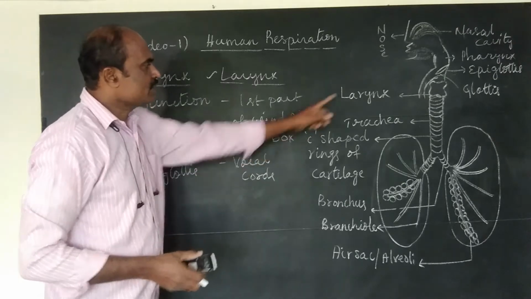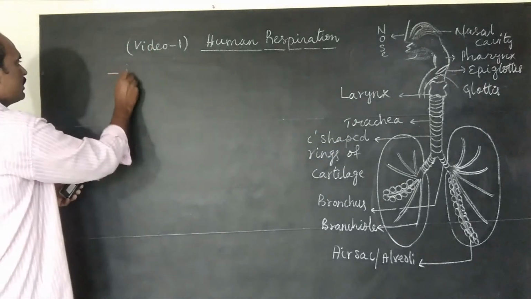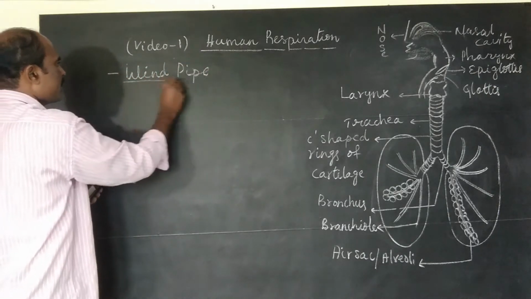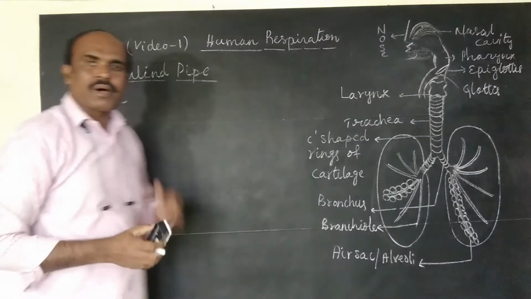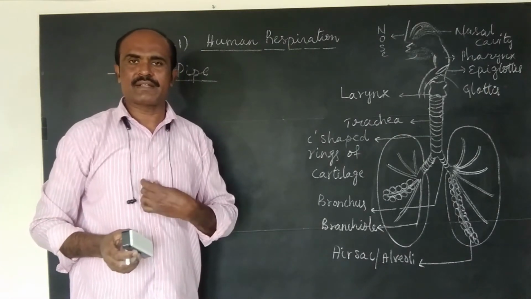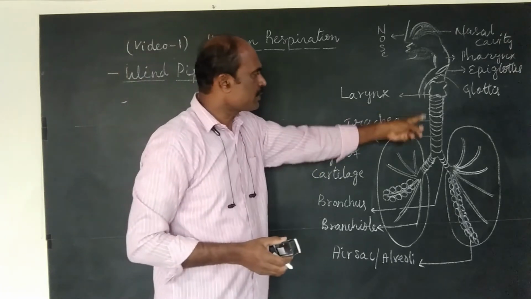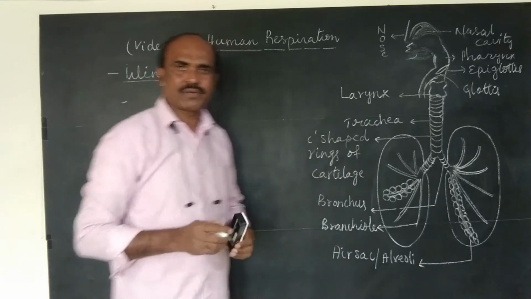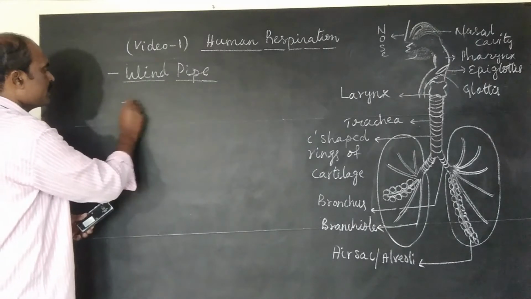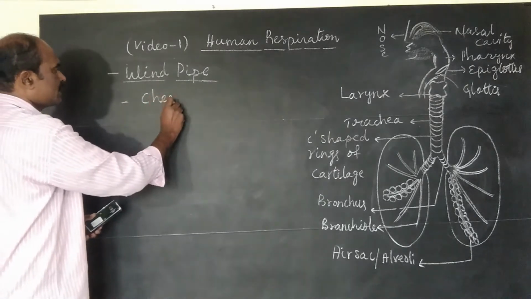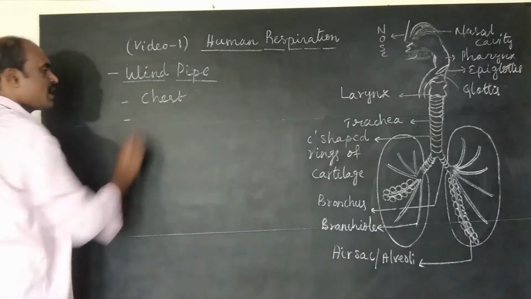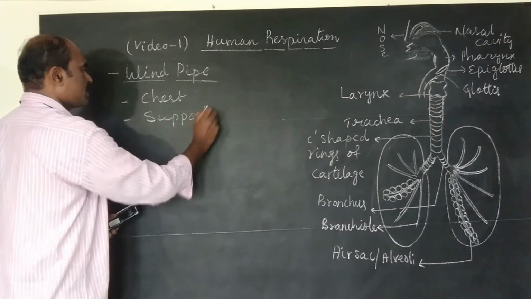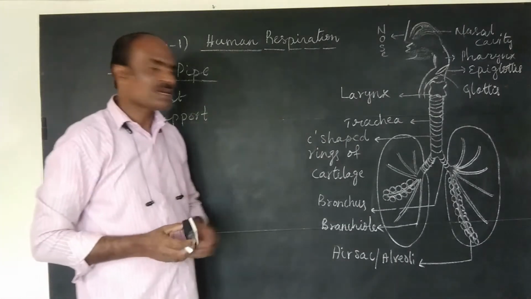Now then, let us talk about the windpipe. See, this windpipe passes through the chest cavity, and it is supported by C-shaped cartilaginous rings. Very important question for your exams. How is it supported?